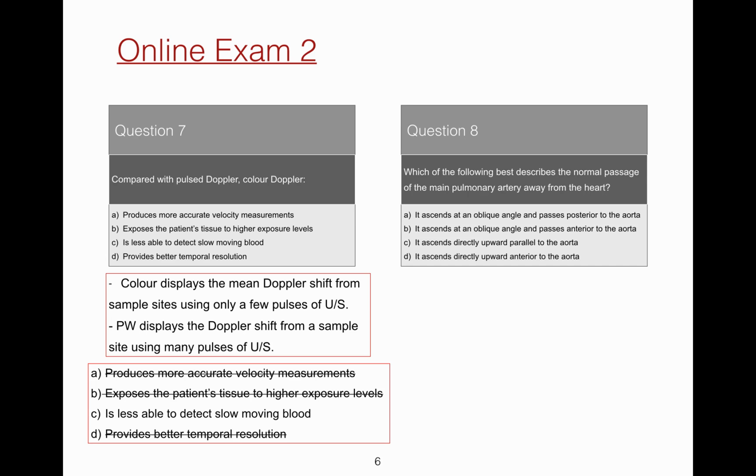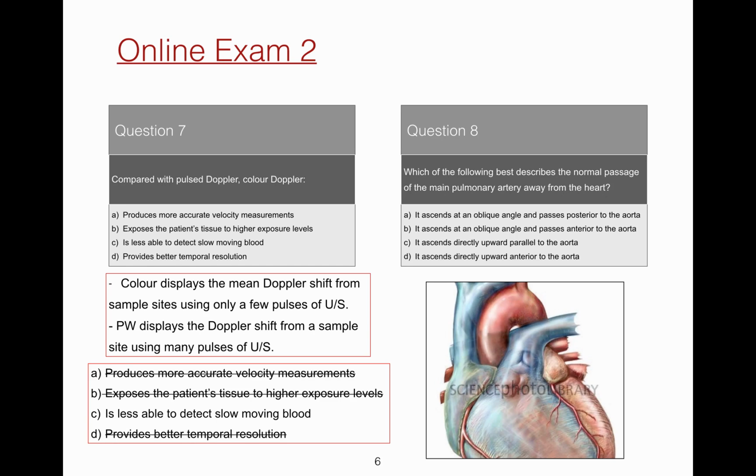Question 8. Which of the following best describes the normal passage of the main pulmonary artery away from the heart? The main pulmonary artery ascends at an oblique angle anterior to the aorta.